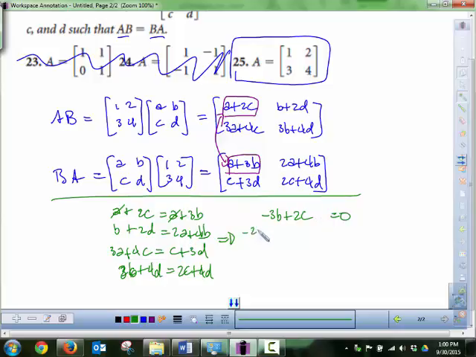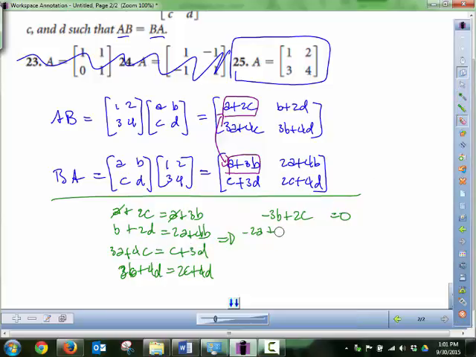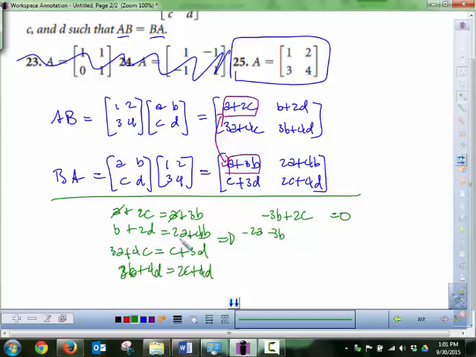I have negative 2A plus B, no C's, and then minus 2, negative 3B. So negative 2A, bring the B's over, so negative 3B, no C's, and then positive 2D.